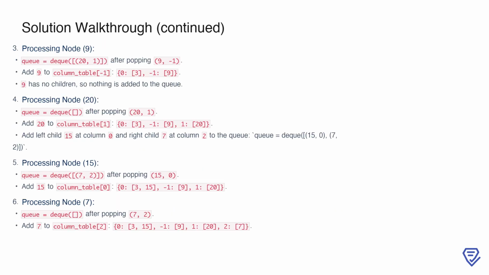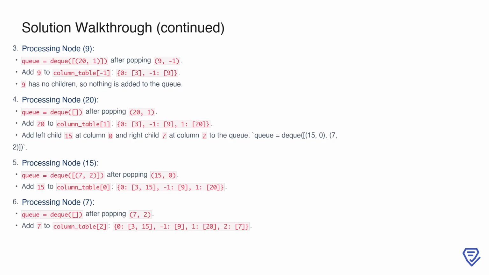Now, the next node to process is 9, which is at column -1. After popping it from the queue, the queue now contains only 20, 1. We add 9 to column_table -1, so the table is updated to 0, 3, -1, 9. Since node 9 has no children, nothing further is added to the queue. Then, we move on to process node 20, which is at column 1.